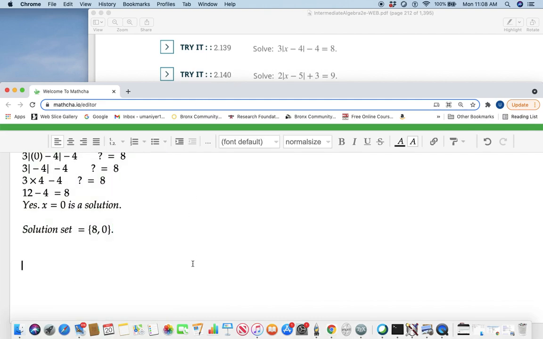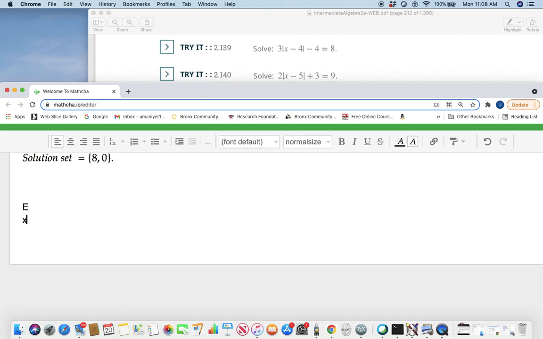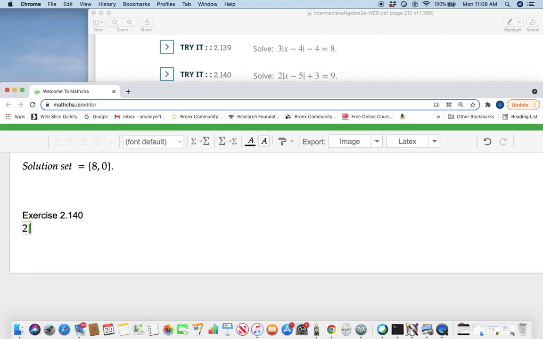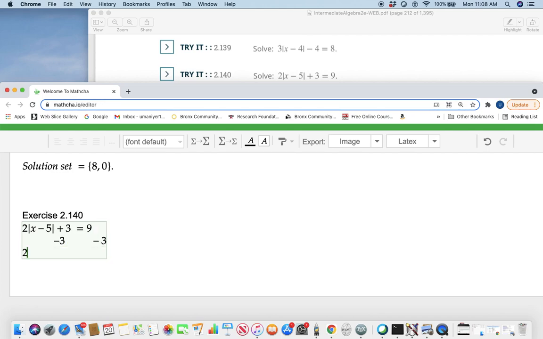Let's try exercise 2.140. Okay, 2 times absolute value x minus 5 plus 3 equals 9. This is what we want to solve. Subtract the 3 first. So you have 2 times absolute value x minus 5, because plus 3 cancels minus 3. All of that is equal to 9 minus 3, that's a 6.